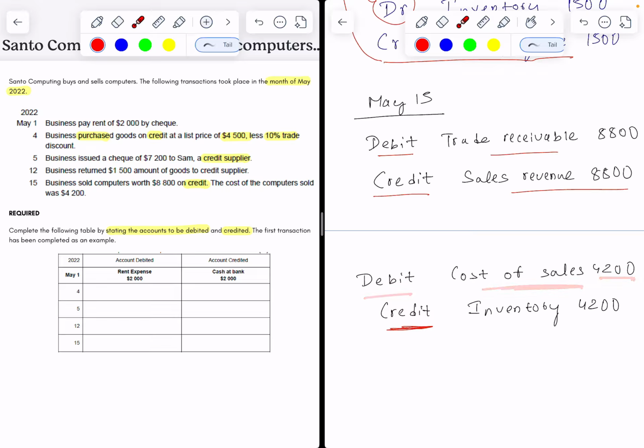All right, so an expense is incurred, so we debit the cost of goods sold account by $4,200. Simultaneously, an asset is going down, so therefore we credit the inventory account by $4,200. All right, so these are the 4 lines of entries that are required on the 15th of May for you to get full marks, okay?